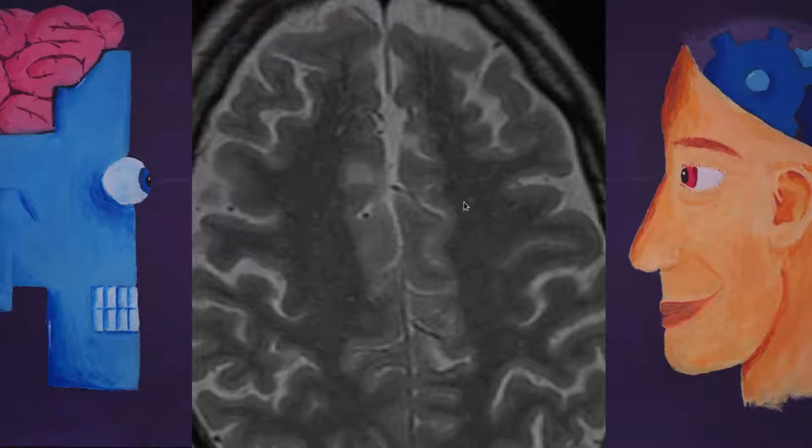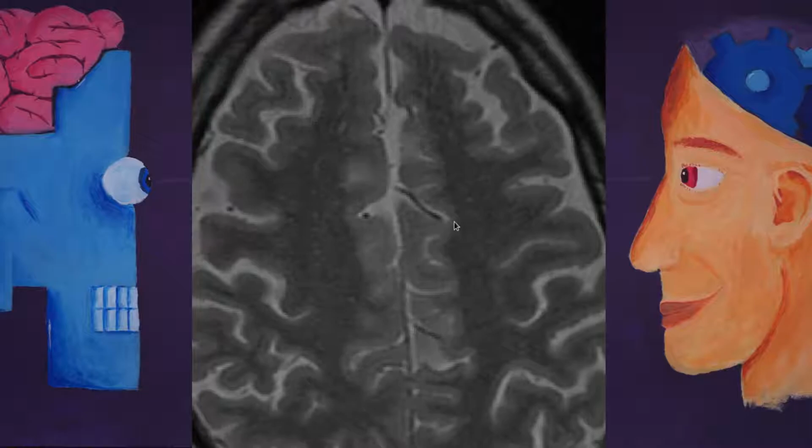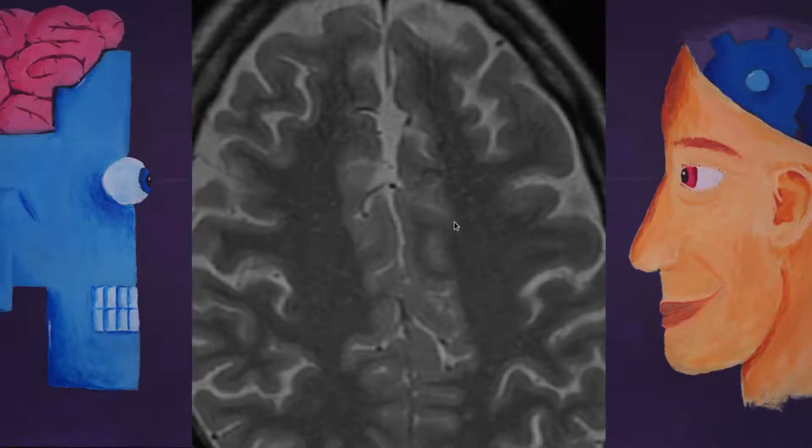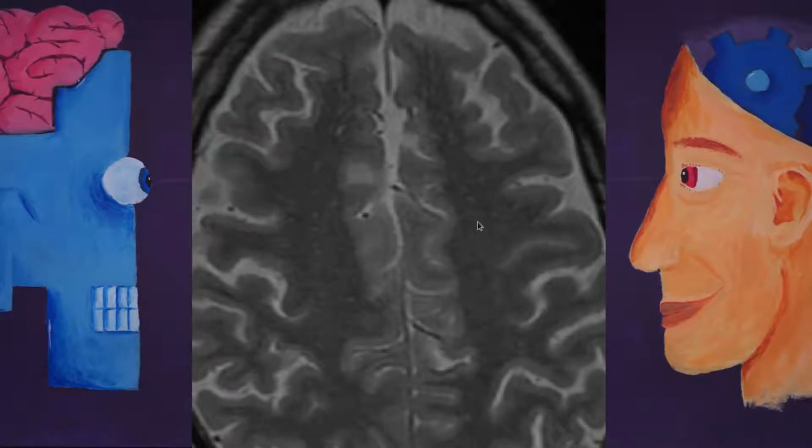This is really a scan that has almost no perivascular spaces in the centrum semiovale. It starts to be 7, but maybe I would just say 6.